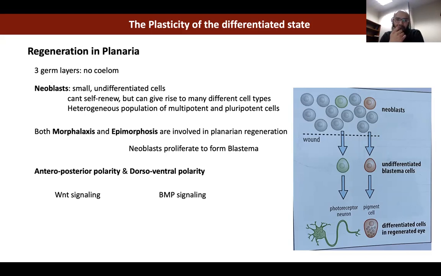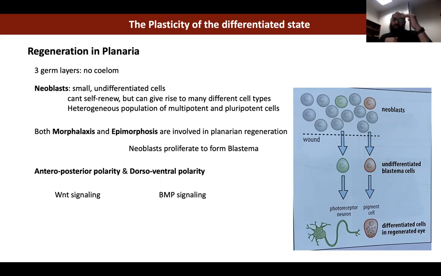In planaria, there is not only anteroposterior polarity, so it is a little bit more complex than the example of Hydra. Hydra had only anteroposterior polarity, from head to tail. But planaria, in addition to anteroposterior polarity, also has dorsoventral polarity, towards the sides.